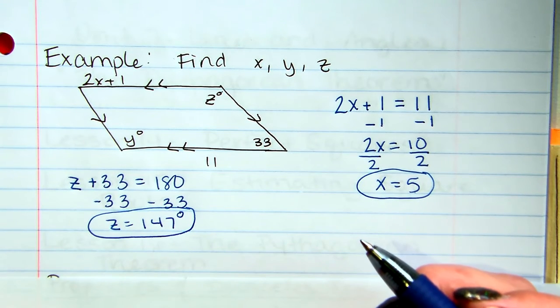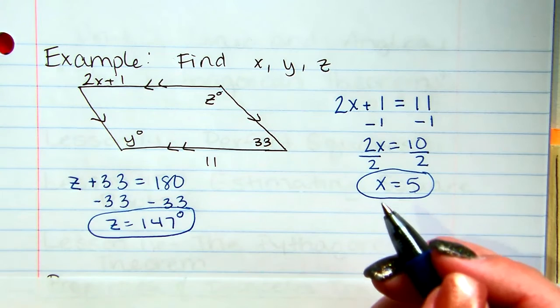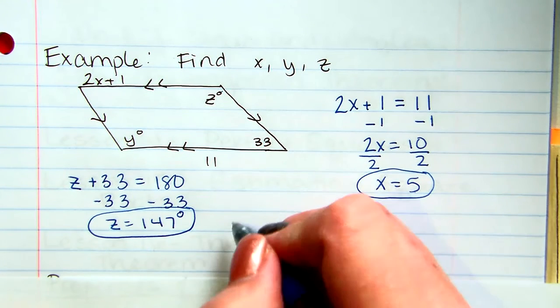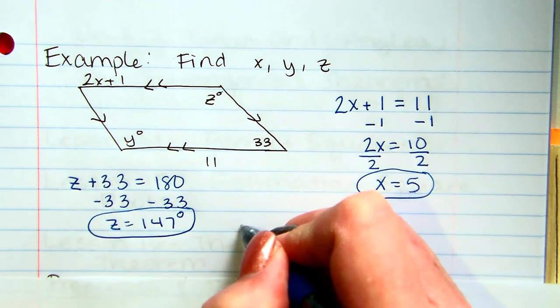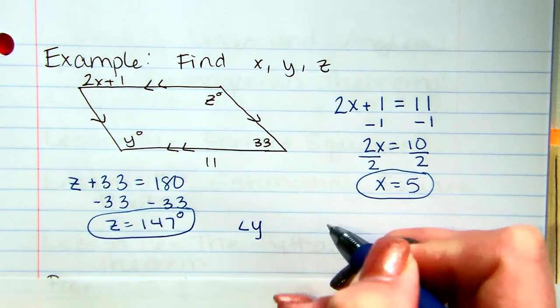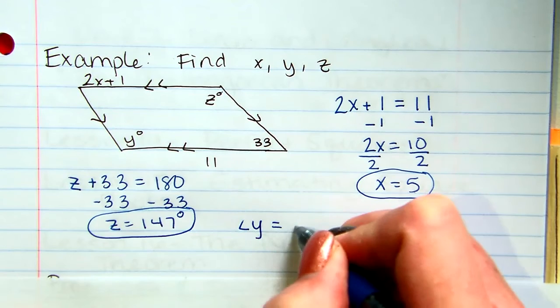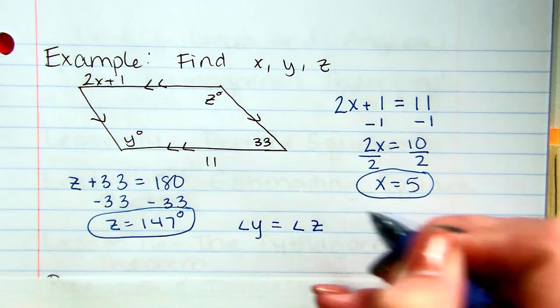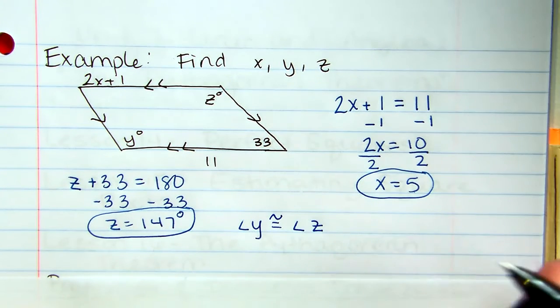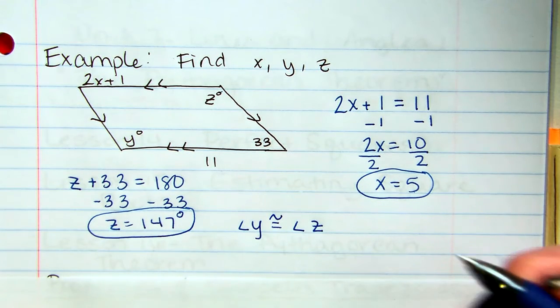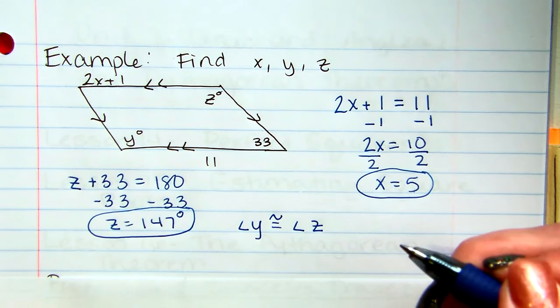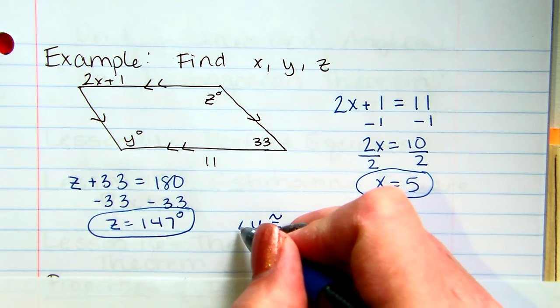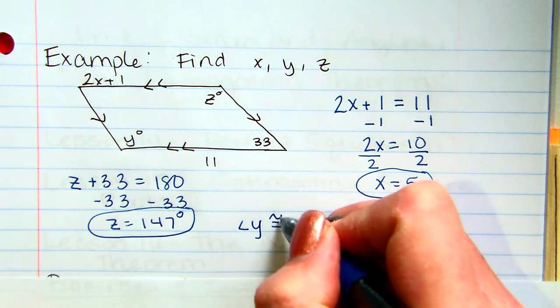Next, we are going to make a statement. Our statement is going to say angle y equals angle z. And over my equals, I'm going to put our little congruency mark. So here, angle y is congruent to angle z.